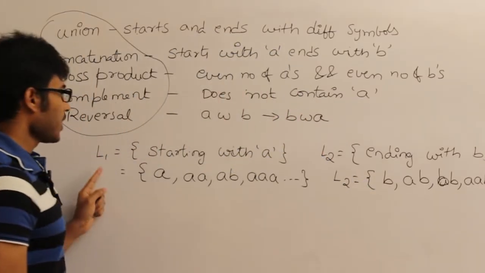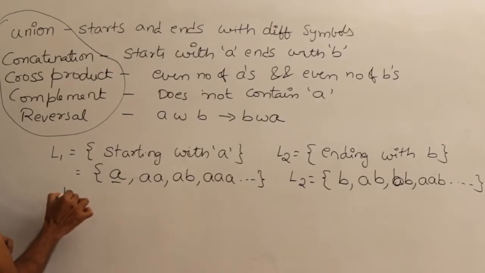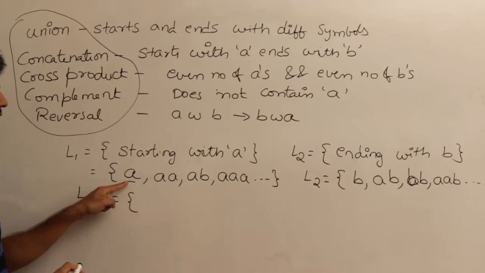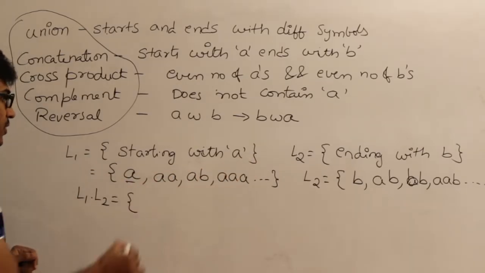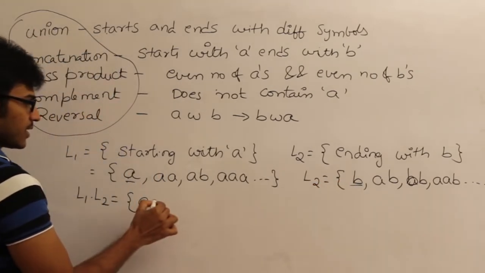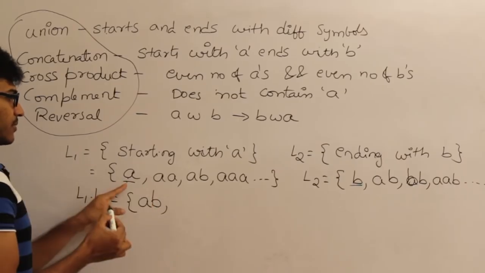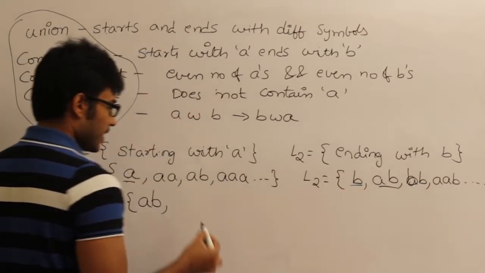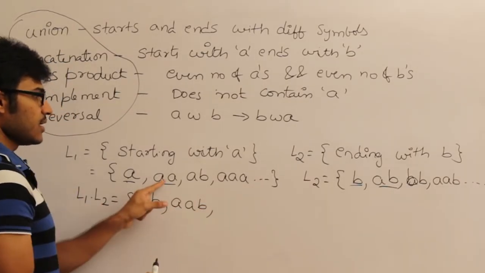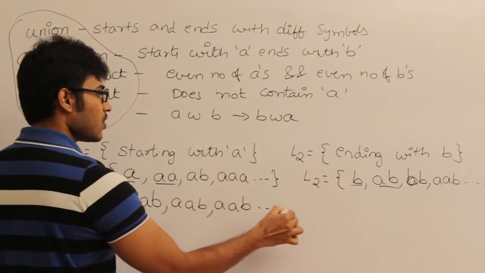Now the concatenation of two languages is this: if I have to write L1 concatenated with L2, you can take any string from L1 and concatenate it with any string from L2. Which means I can take A from here and B from here and write it as A concatenated with B, which is AB. Or I can take A from here and AB from here, and write it as AAB. Or you can take AA from here and B from here, and write it as AAB, and so on.